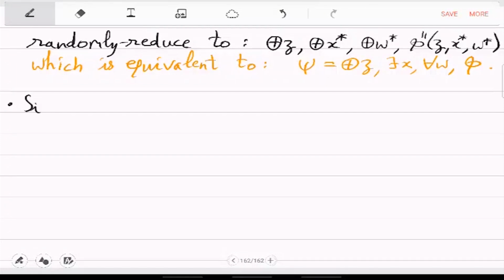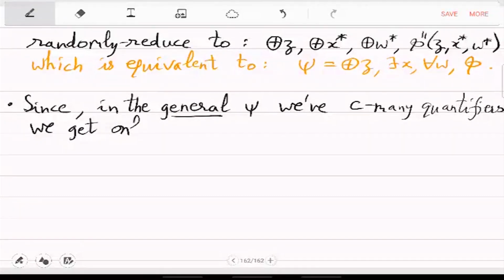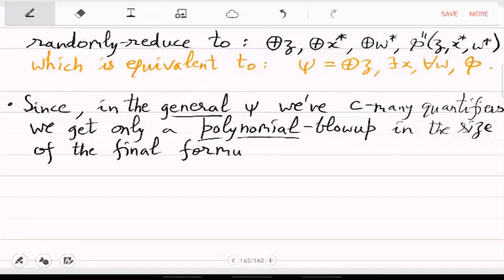So since in a general psi we have C many quantifiers, we get only a polynomial blow up in the size of the final formula using only parity.